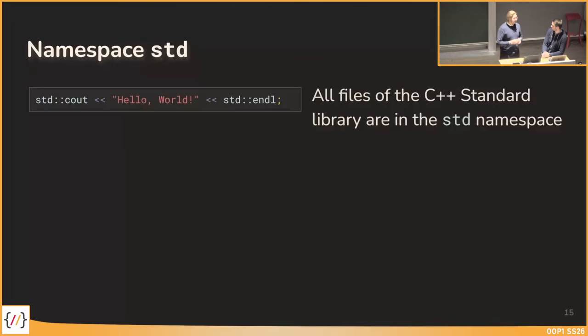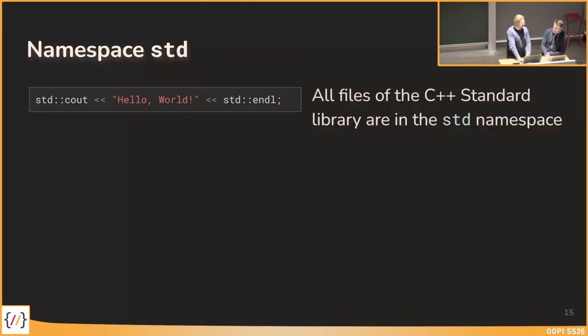We'll also see this later when we introduce other C++ features. They are all in the std namespace. So you will always need std::, and then whatever object you have, for example cout, endl, cin, and any other object.